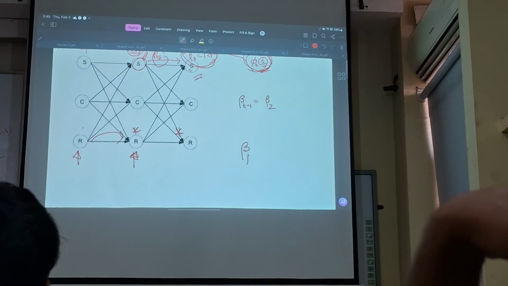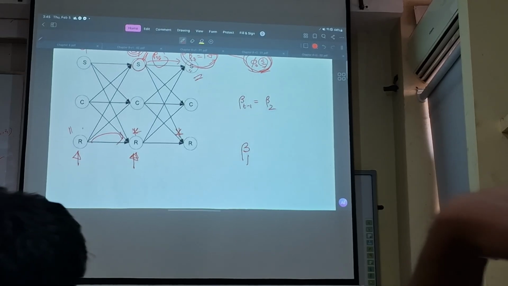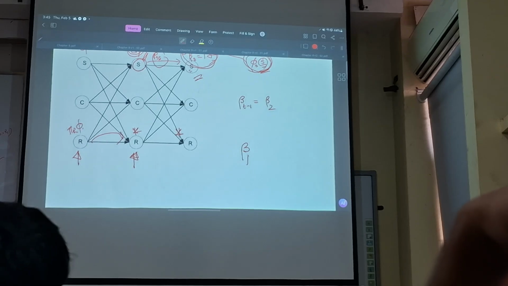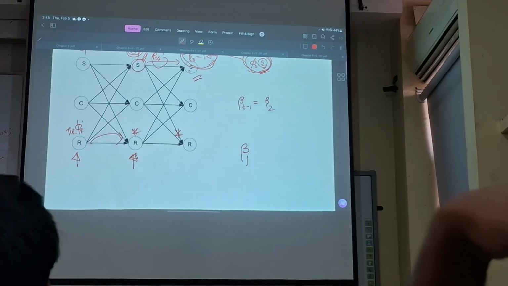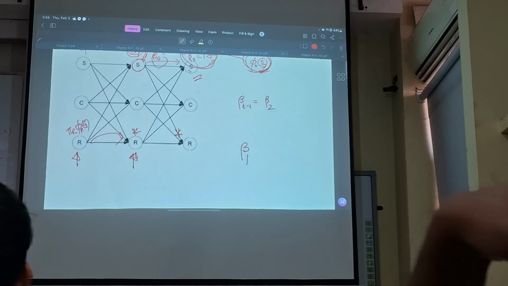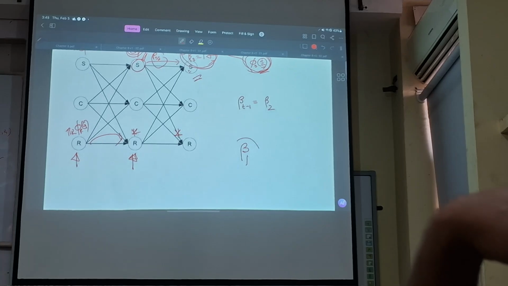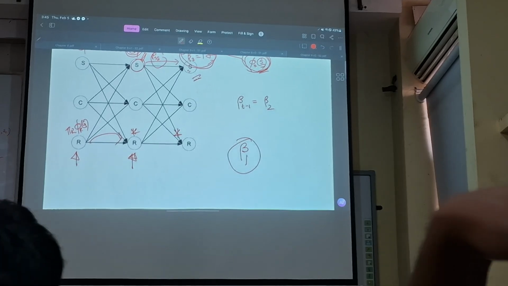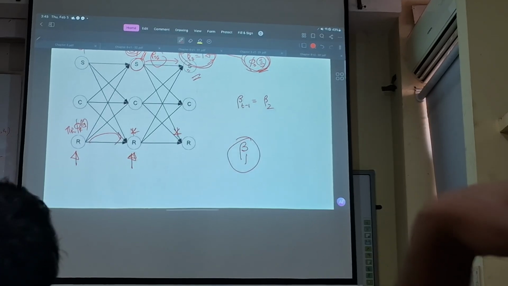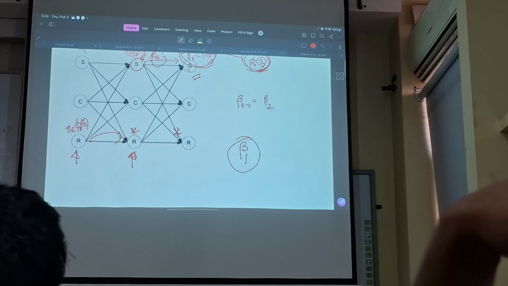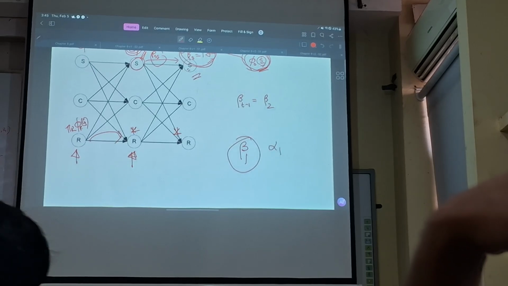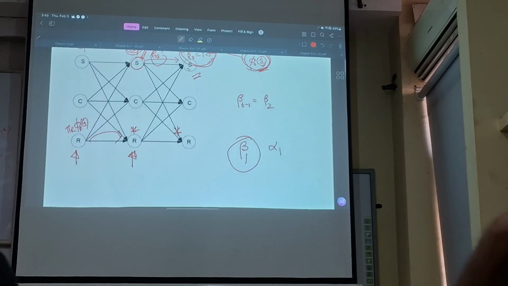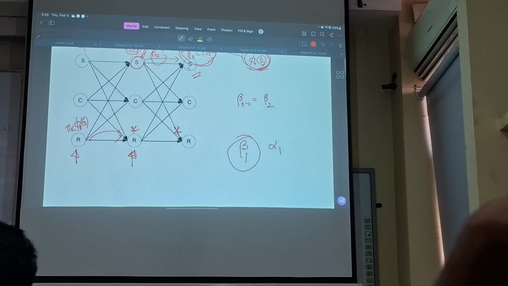Beta 1 does not consider the starting probability, the pi here. That's why beta 1 has to be multiplied with it.